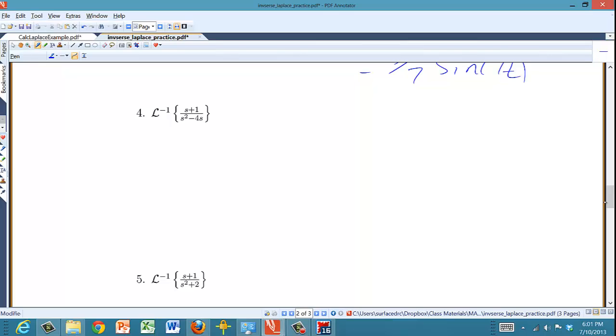Okay, so this one's a little bit different. Here I have a denominator that I don't really recognize. This doesn't look like the denominator for the Laplace transform of anything in the table. So what am I going to do? I'm going to use partial fractions.